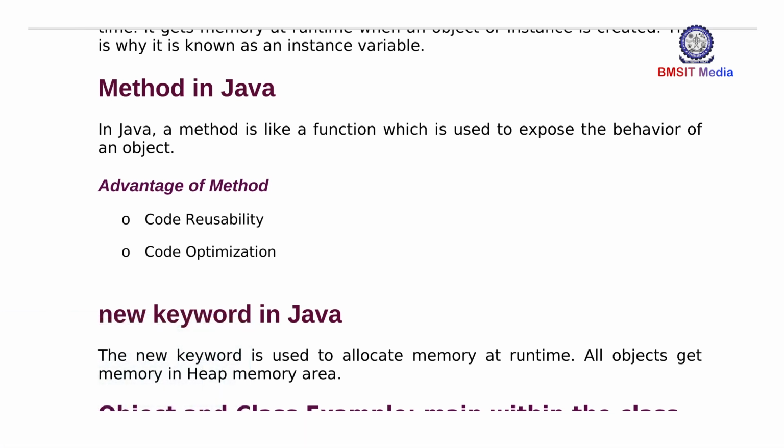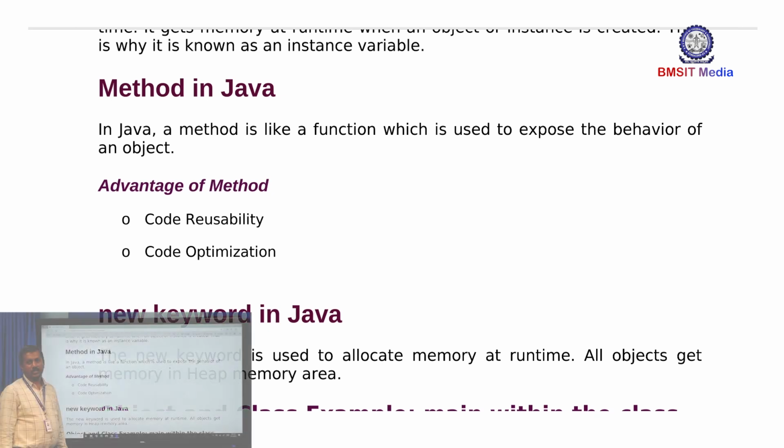So what is the advantage of methods, or why do we require methods? The first point is that to input the value to the object, a method is required. That is very basic. Not only that, we have other things like code reusability and code optimization. What does code reusability mean?